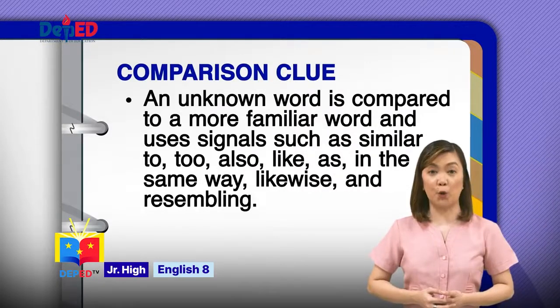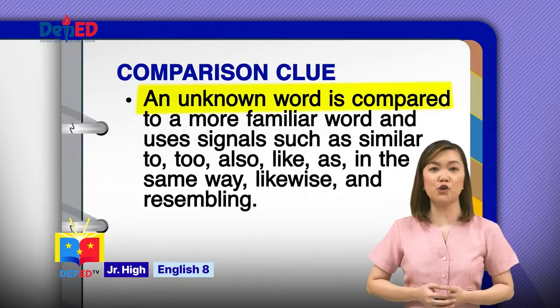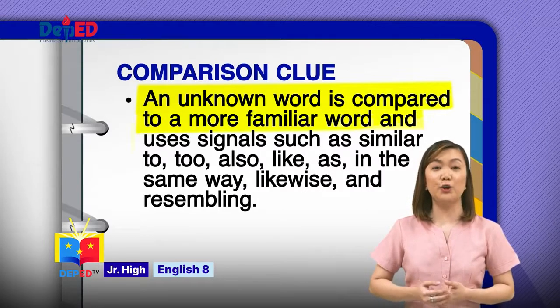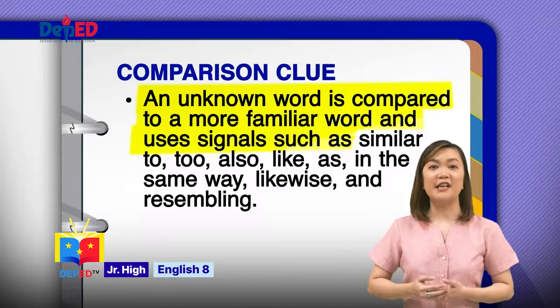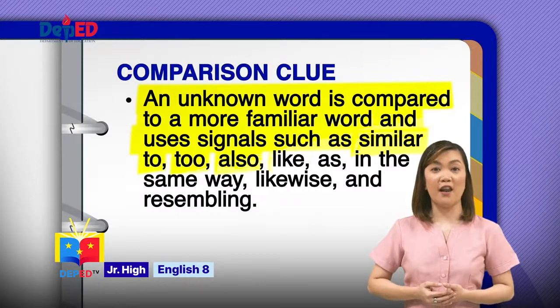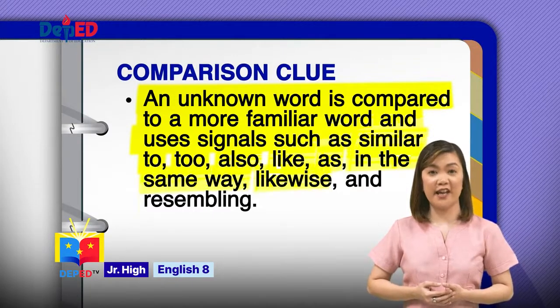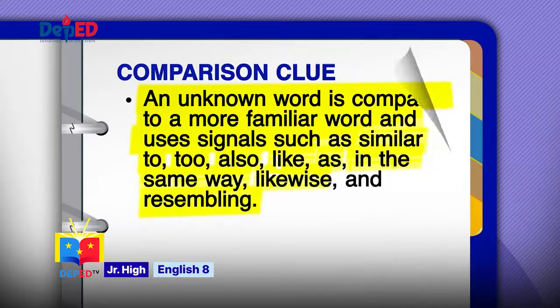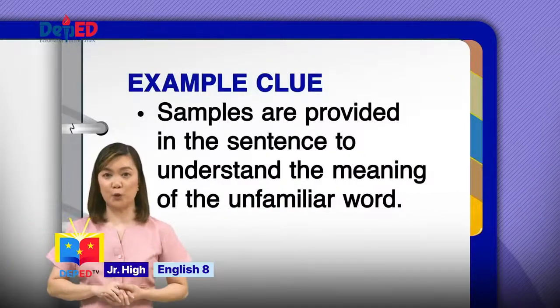In comparison clue, an unknown word is compared to a more familiar word and uses signals such as similar to, also, like, as, in the same way, likewise, and resembling. Next is example clue.